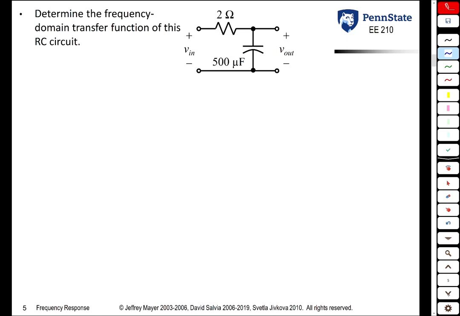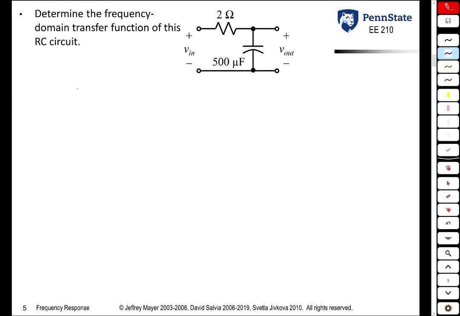So in this example, we have a simple RC circuit, and we're asked to determine the frequency domain transfer function of this RC circuit. We could measure it experimentally, as I did in that Multisim simulation a couple minutes ago, but here we're going to come up with a mathematical equation relating the output phasor to the input phasor.